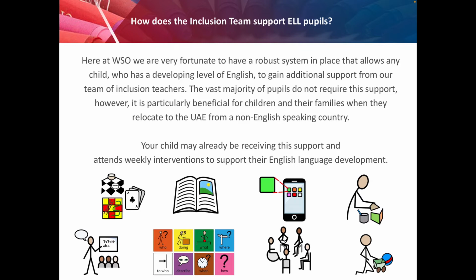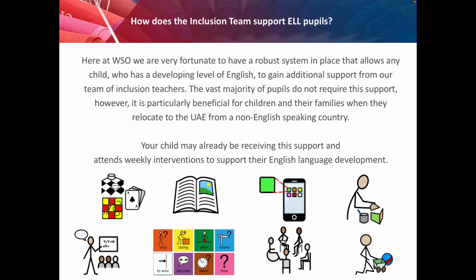We do some pre-teaching, where we might take the children out of class before a particular lesson and give them some new vocabulary, so that when they go into that lesson, they're not completely taken aback and they have some basic grasp of the vocabulary and exposure. Exactly. It gives them a bit of confidence going in so that they're not so overwhelmed. They've seen the language before, and it helps them have that exposure and self-esteem.